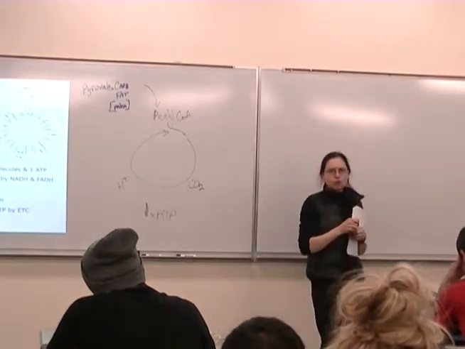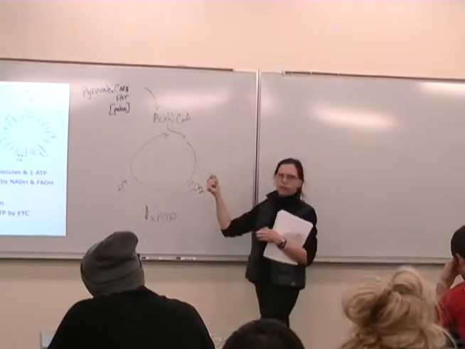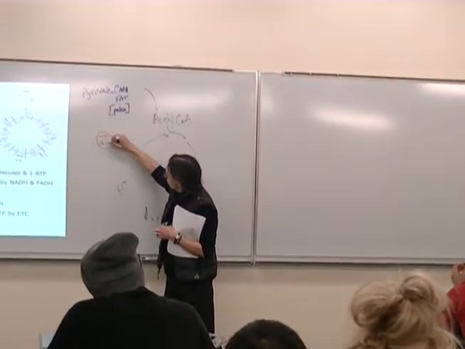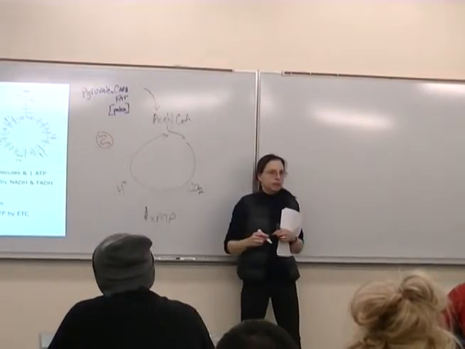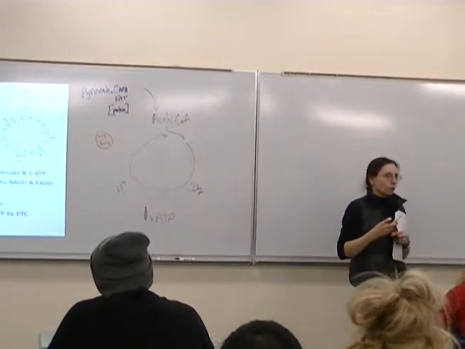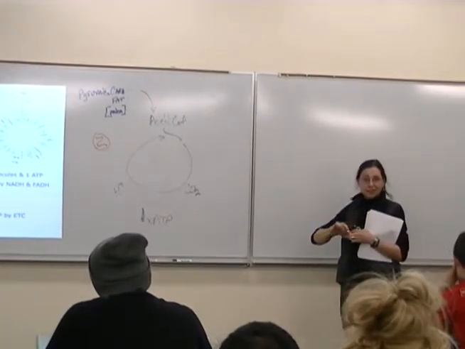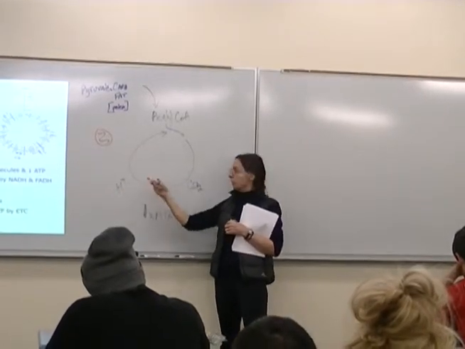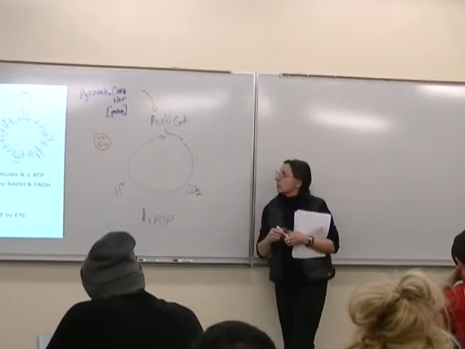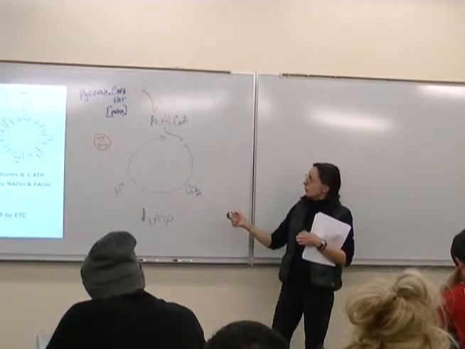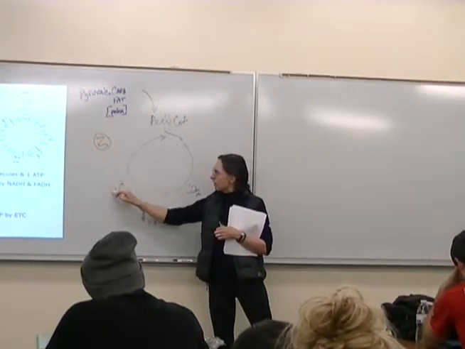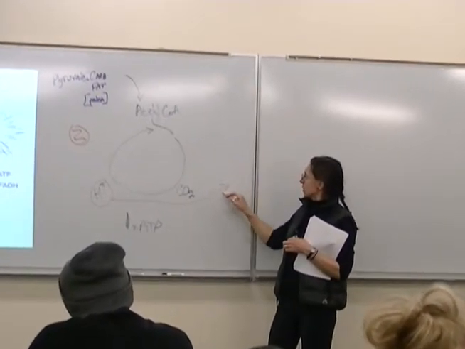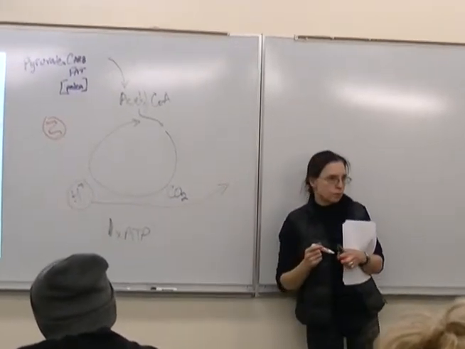So the mitochondria, when you were in biology, is the little thing that they always draw that looks like that, right? And it's often called the battery of the cell because it's where most of the ATP is made. So what we do is we steal the hydrogen and we transport it to the electron transport chain.